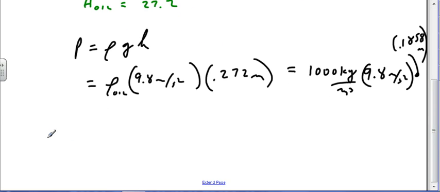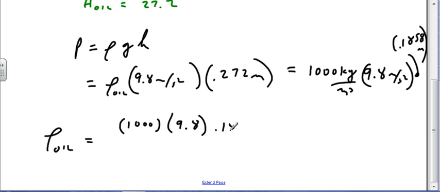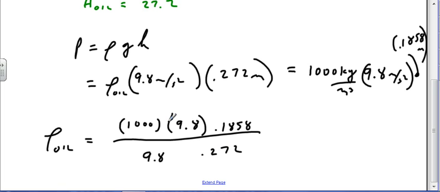So that being the case, rho of the oil is going to equal 1,000 times 9.8 times 0.1858 divided by 9.8 times 0.272. The 9.8s go away, and we end up with kilograms per meter cubed when we get done.